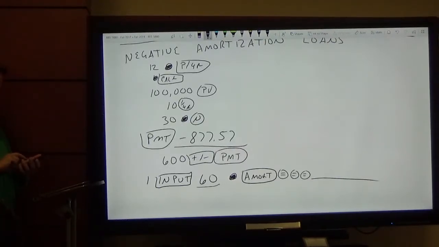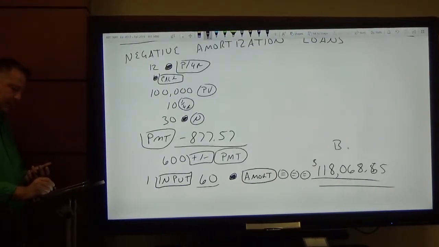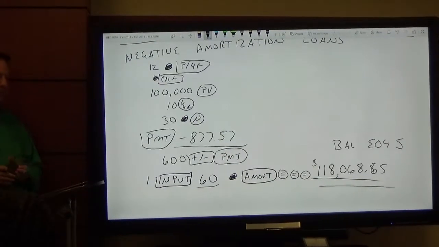Yeah. $118,068.65 would be our balance at the end of year 5.